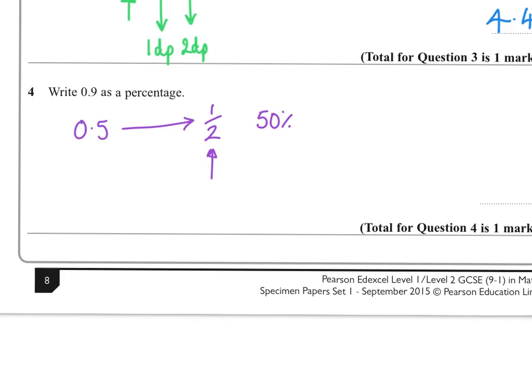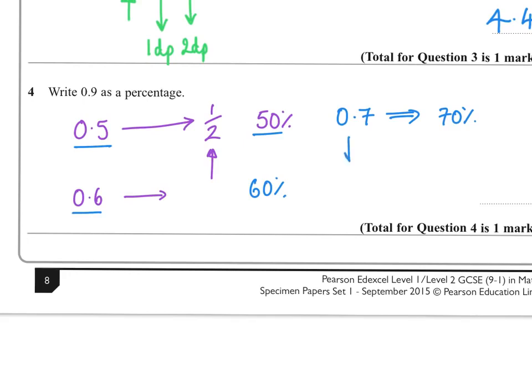Then I'd ask the question, and these are the kind of questions you must try and ask yourself when you revise, what would 0.6 be? Well, if 0.5 is 50%, then 0.6, it would make sense, would be 60%. And you could carry this argument up and say 0.7, that would be 70%.